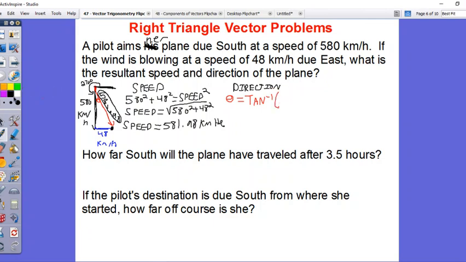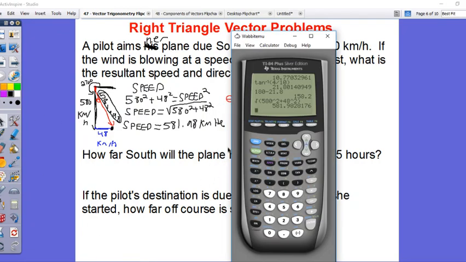So the inverse tangent of the opposite side is 48 over 580. So let's calculate that. We find the inverse tangent of 48 divided by 580.